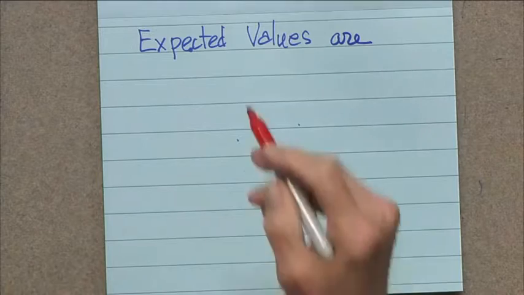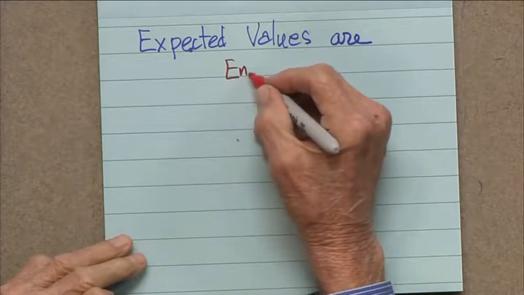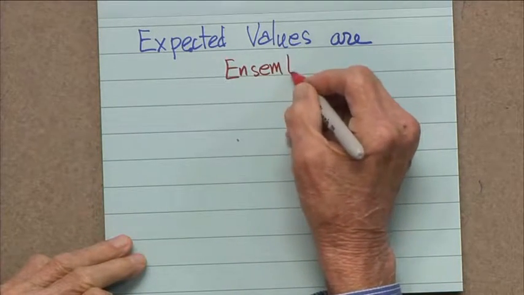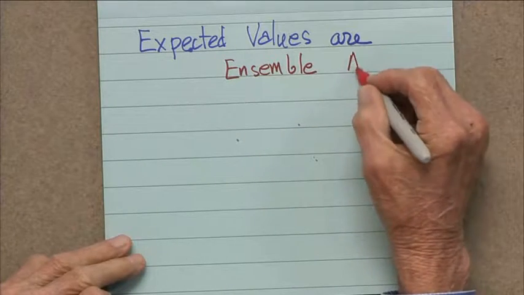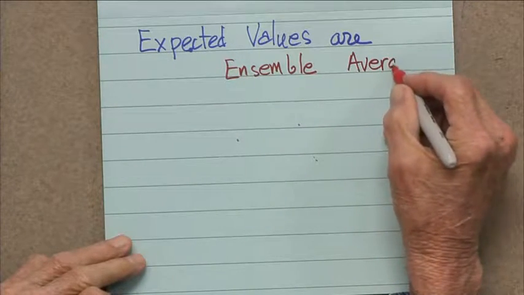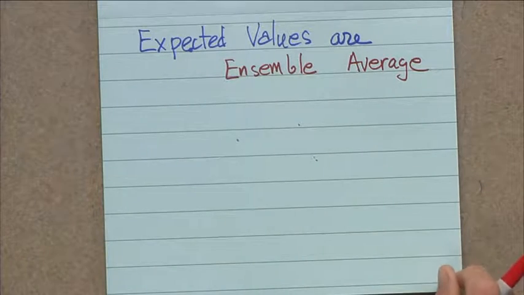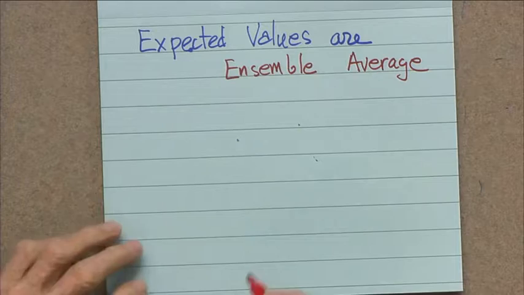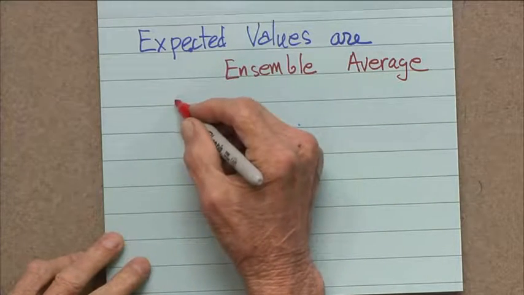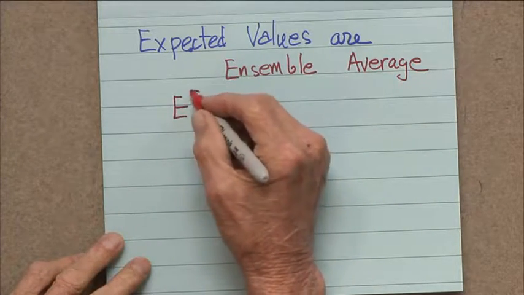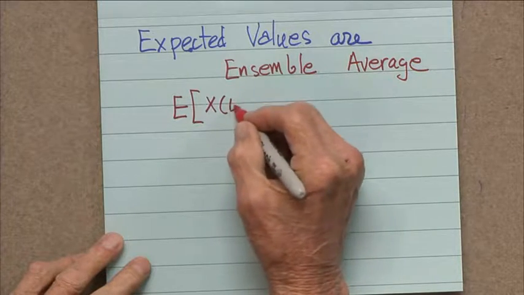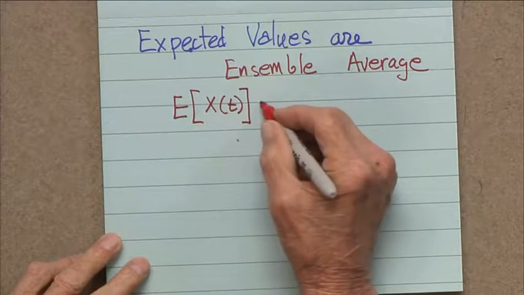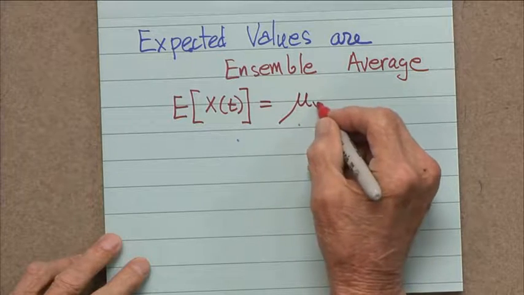That is, you average over a probability density. Right. Expected value of x of t is equal to mu of x.